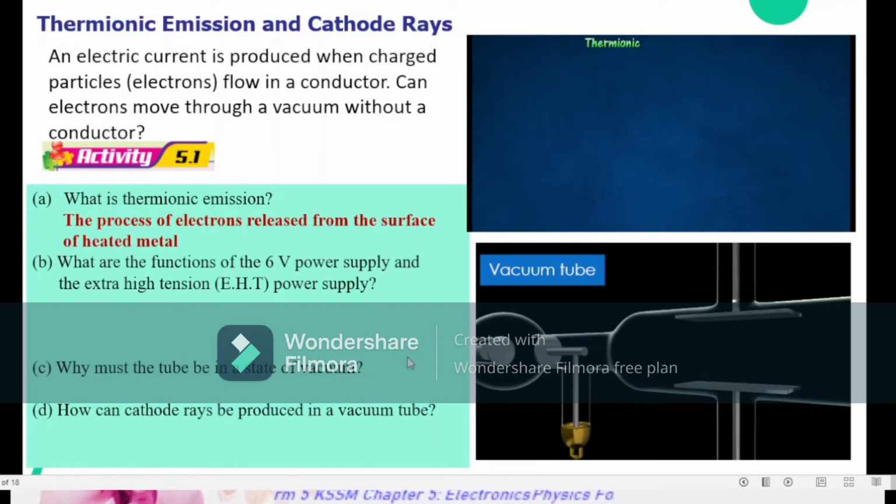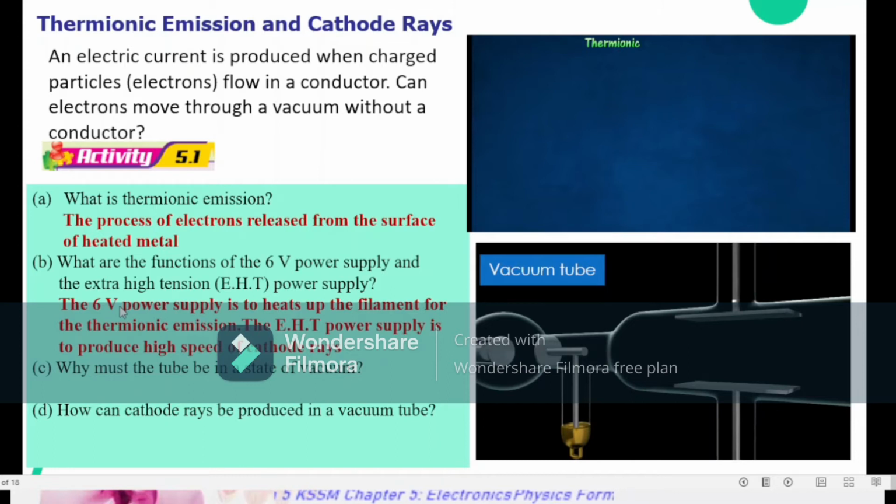Just now, in the vacuum tube, the filament is just connected to the 6 volt power supply. The cathode and anode are connected to the extra high tension EHT power supply that can exceed 4000 volt. So what are the functions of the 6 volt power supply and EHT power supply?